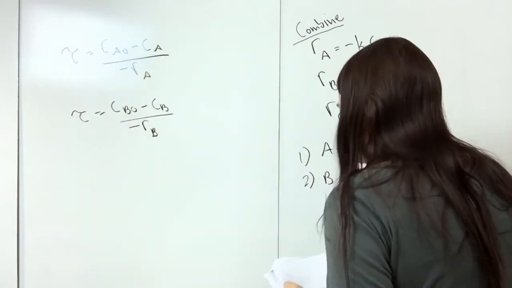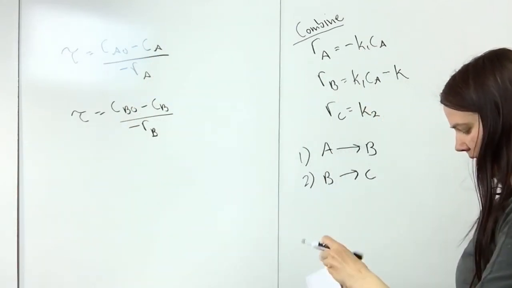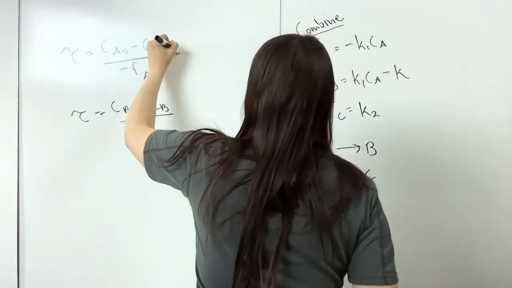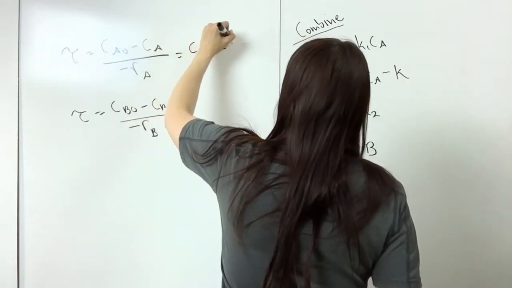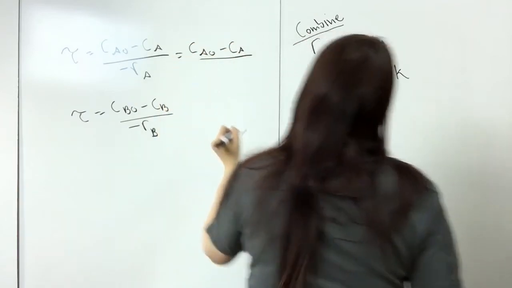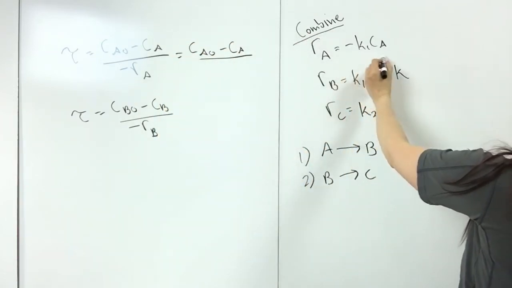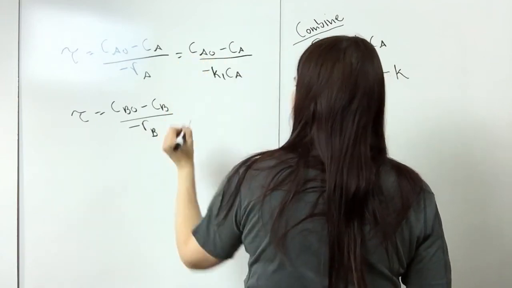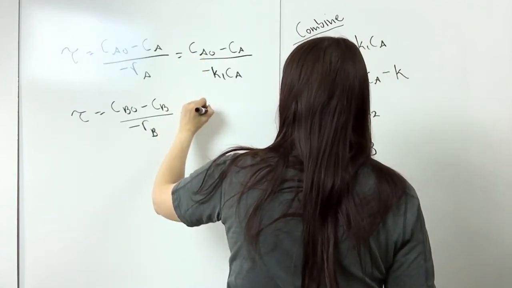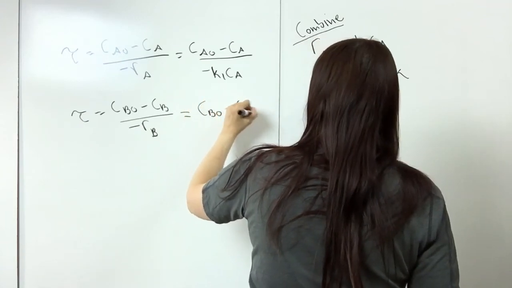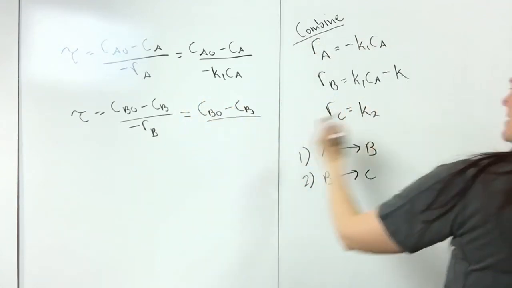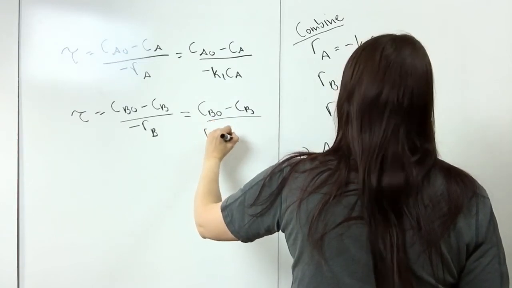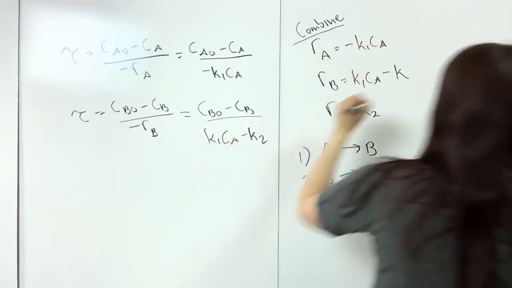What we can do at this point is just plug the rates in. For the first one we have Ca naught minus Ca over, and the first rate was minus K1 Ca. For the second one we have Cb naught minus Cb, and this rate was K1 Ca minus K2.